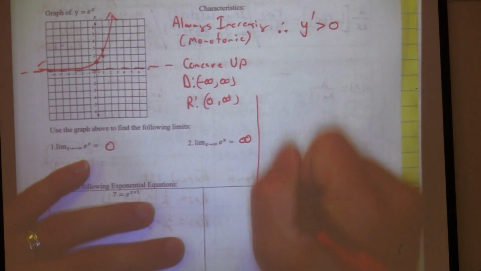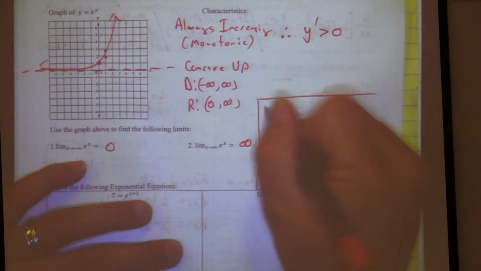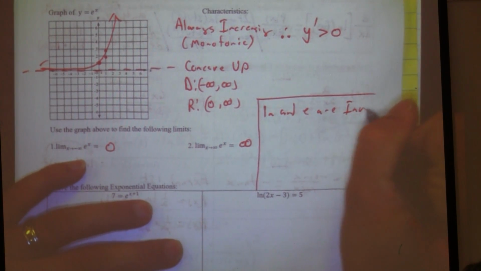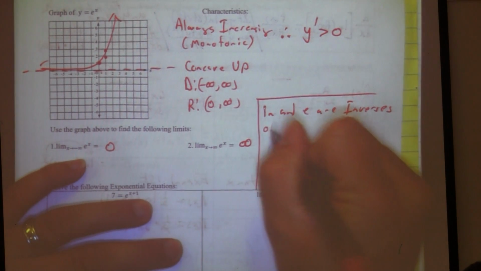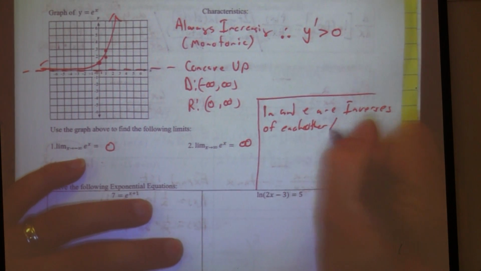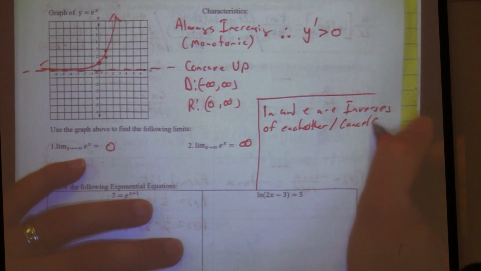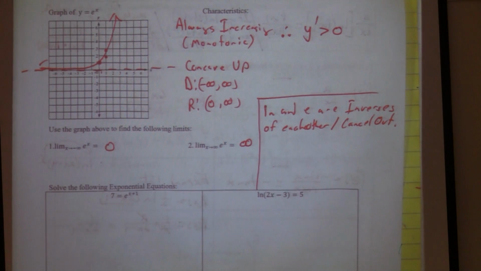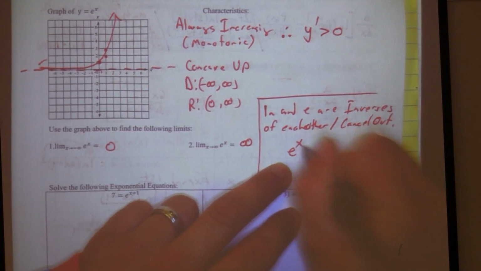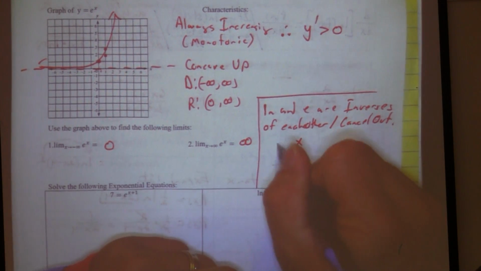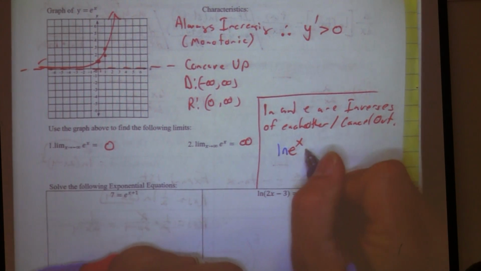Let's write it down before we forget. ln and e are what? Inverses of each other. What do they do? They cancel each other out. So for example, if I had e to the x, and I wanted to cancel that out, I would take the ln of it, right?